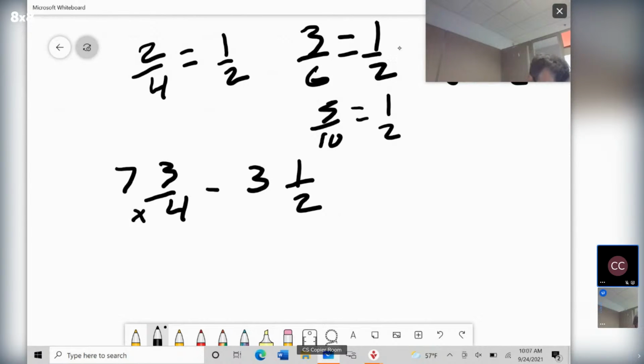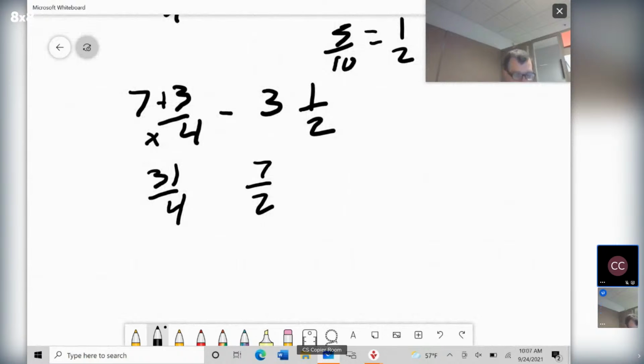So it would be 7 times 4 is 28 plus the 3. We're going to convert that to 31/4. And the other one we're going to do basically 6 plus 1 is 7/2.